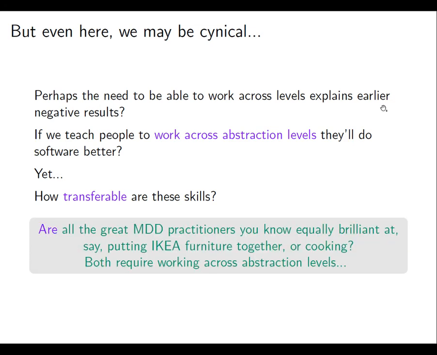Is it really true that all the great model-driven development practitioners you know, who are naturally expert at working across multiple abstraction levels in that setting, are they all brilliant at putting IKEA furniture together, which involves relating the real-world situation of the furniture and the abstraction in the pretty diagram, or are they equally brilliant at cooking? Because that's not really my experience, and yet I think in terms of abstraction they both require rather similar skills to the ones that we see in software. So I think that learning this stuff may be much more context dependent than we sometimes tend to think.